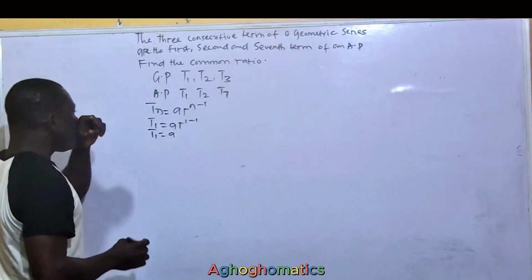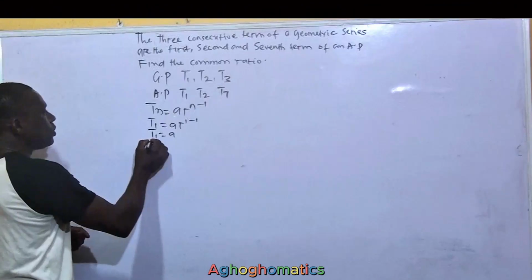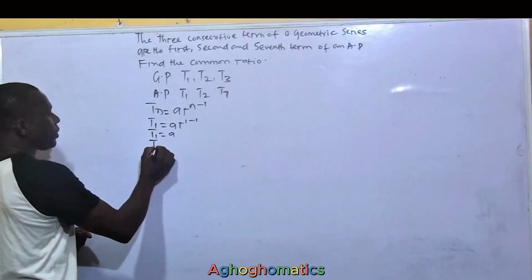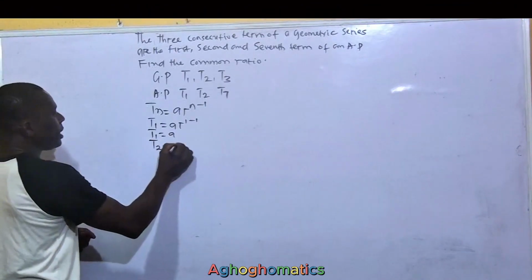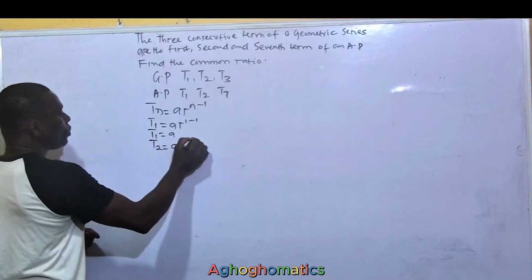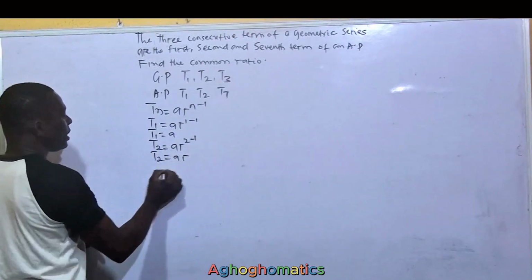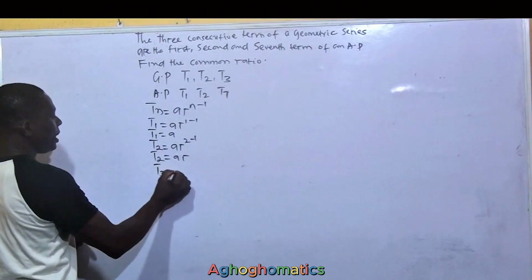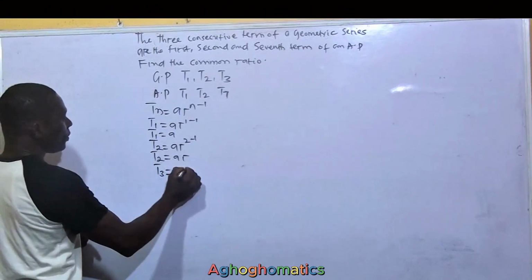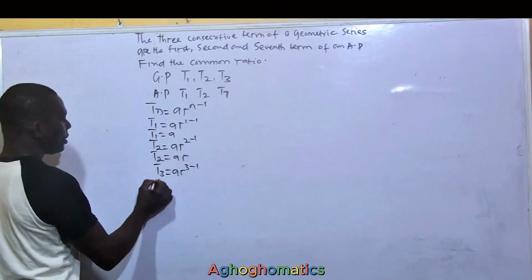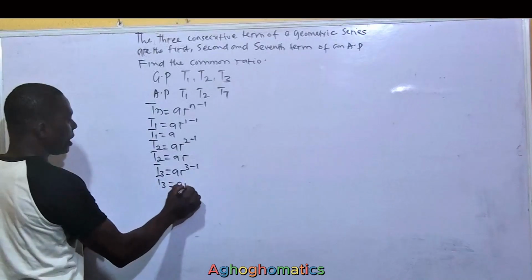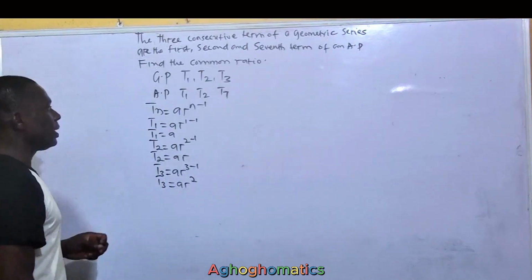Then T2 will be a r raised to 2 minus 1, that becomes T2 is a r. Now while T3 is a r raised to 3 minus 1. So T3 is equal to a r squared in that order.